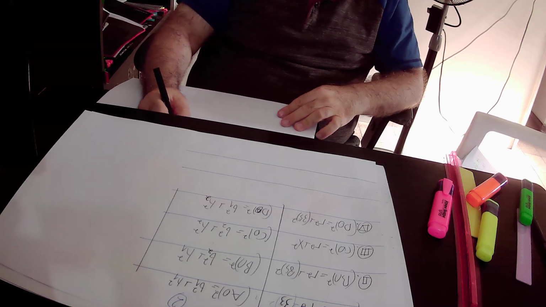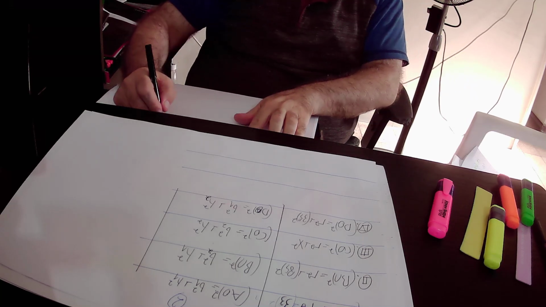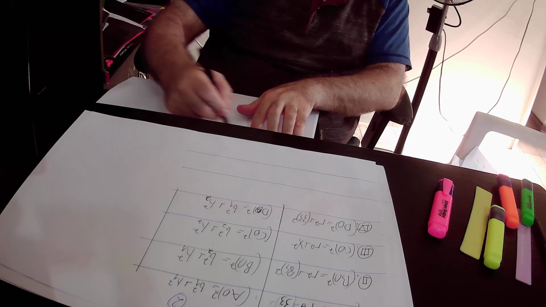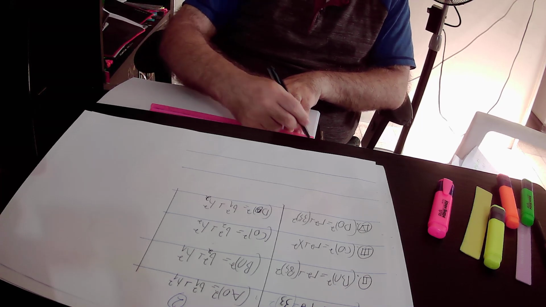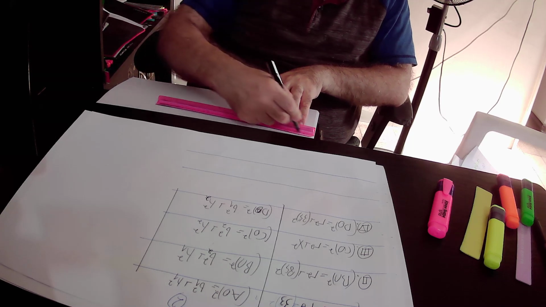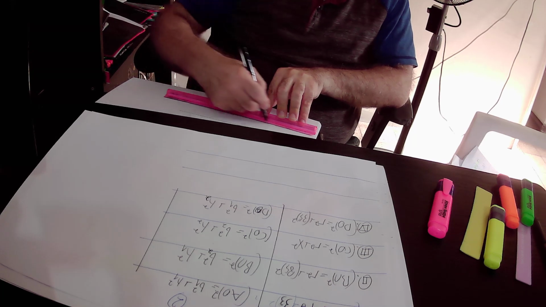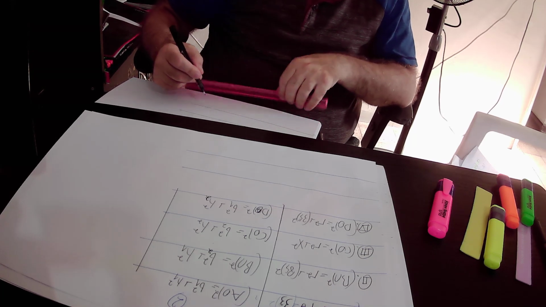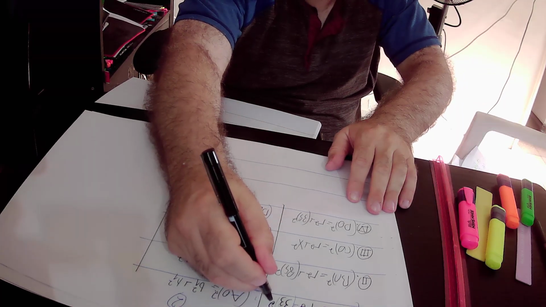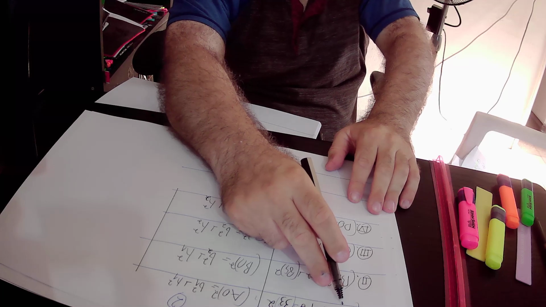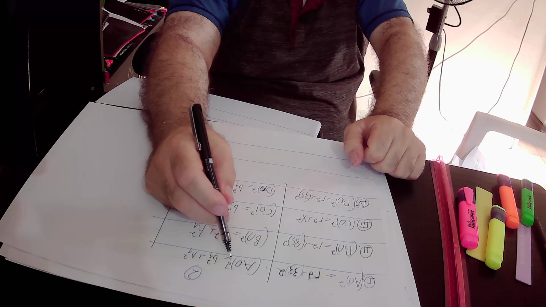The first equation that we will create states that AO squared according to equation number 1 must be equal to AO squared according to equation number 2.